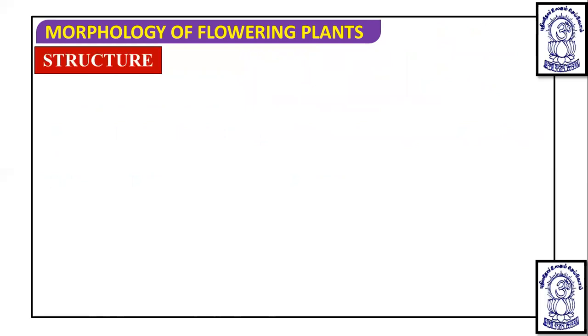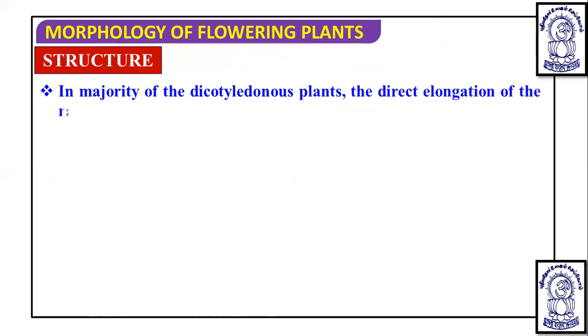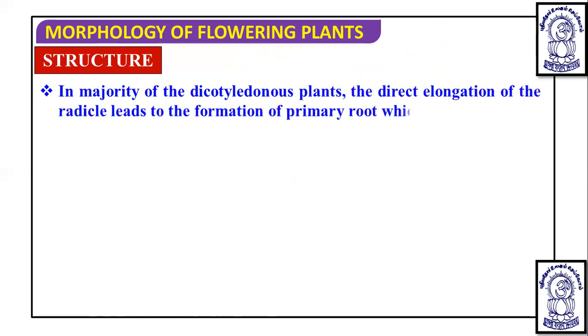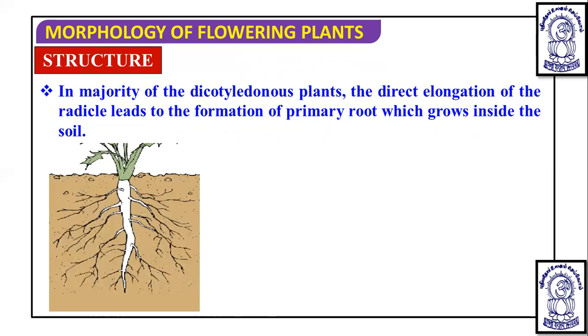When we see the structure of root, we come to know that in the majority of dicot plants, the direct elongation of the radicle leads to the formation of the primary root. The radicle elongates and forms a primary root, which grows inside the soil. This primary root is able to form secondary and tertiary roots.